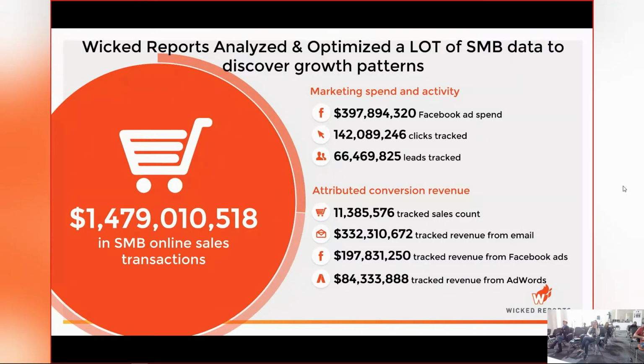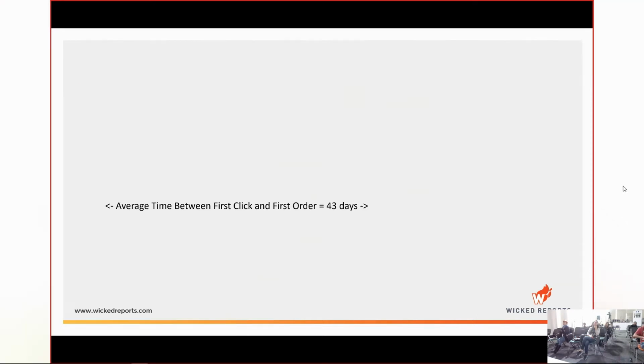In particular, 1.5 billion in transactions, 400 million in Facebook ad spend, 142 million in clicks tracked, a lot of stuff here. And there were three really extreme lessons that I learned that people aren't normally aware of. And if you are, it's going to help you grow your business, hopefully easier and faster.